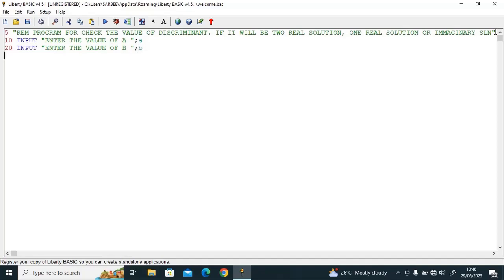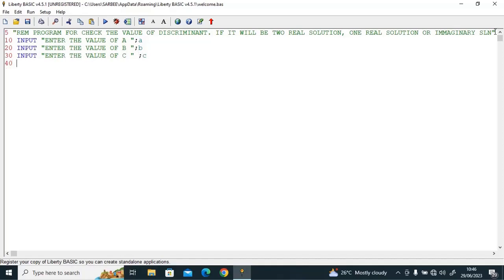Input. Enter the value of c in this, then semicolon, then small c. Then type this. Now 40 is now.